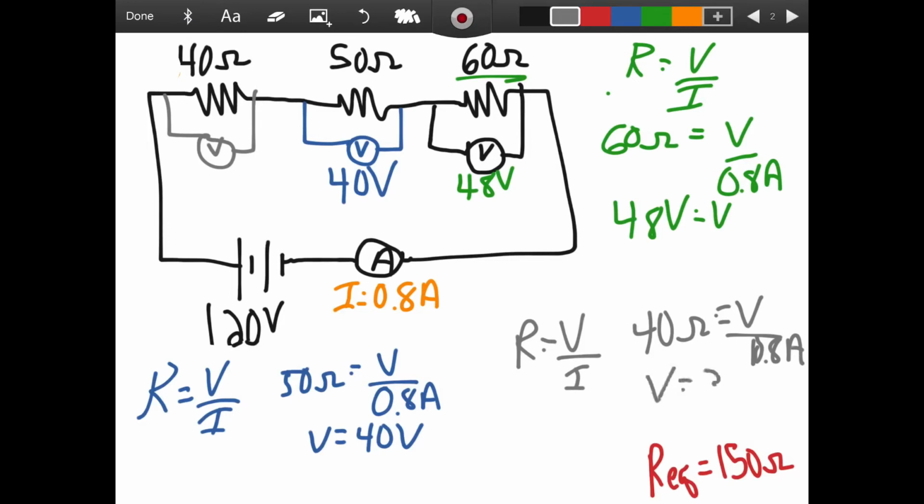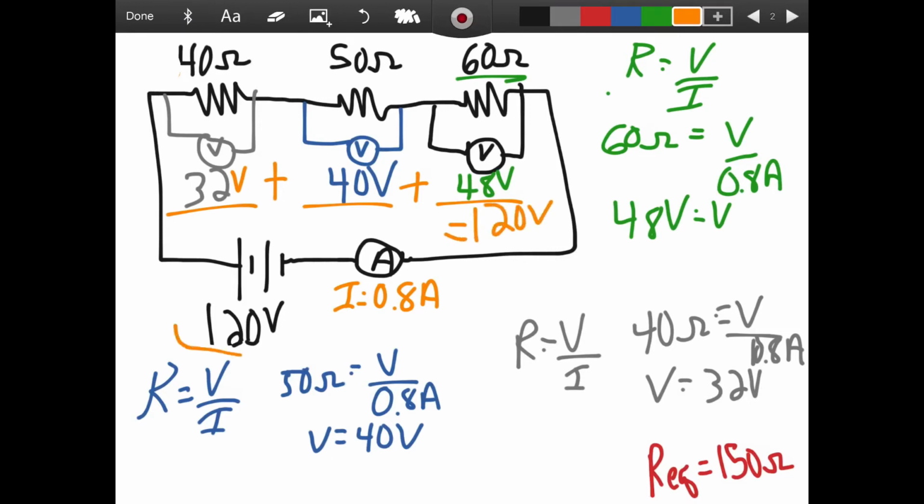Which is 32. Now, if we did this correctly, when we add up 32, 40, and 48 volts, we should get 120 volts, and we know that we did it correctly because it matches the total voltage of my battery.